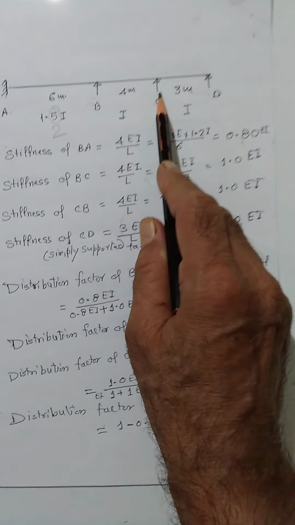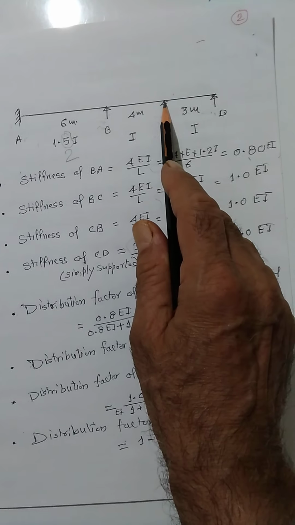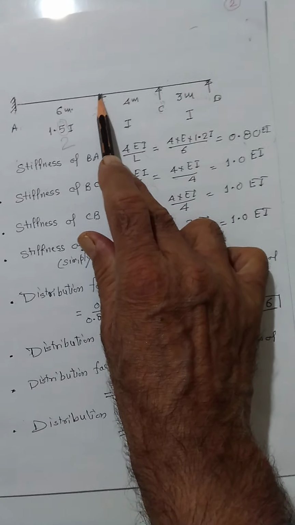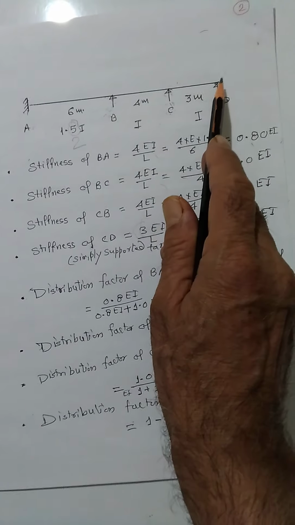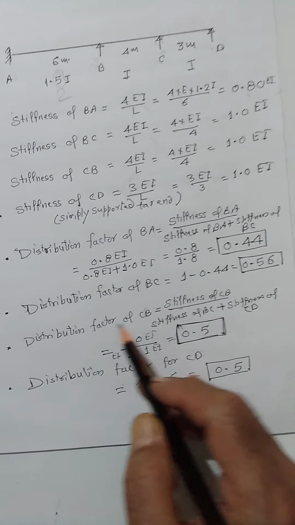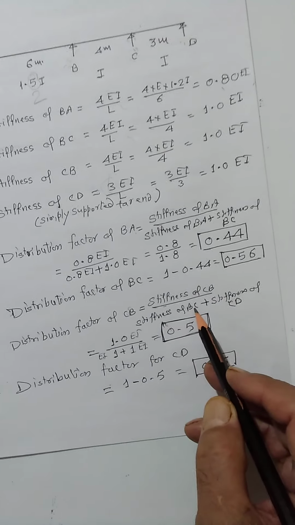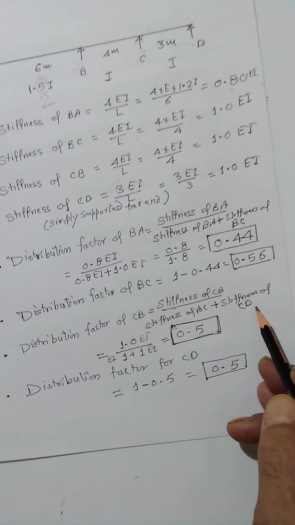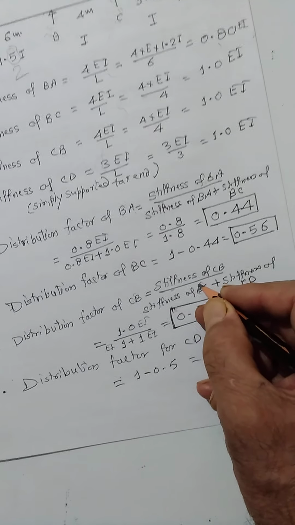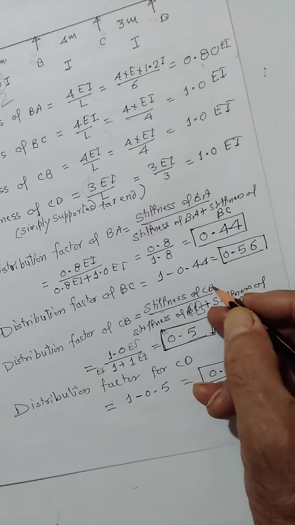Similarly, the distribution factor for CB is equal to stiffness of CB upon stiffness of CB plus stiffness of CD. Here, it should be taken not as BC but as CB, because we have already taken CB over here.